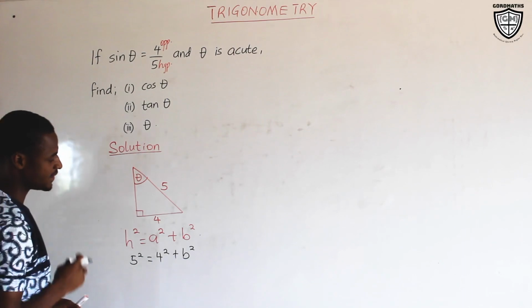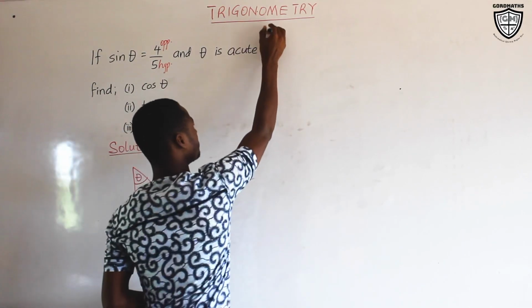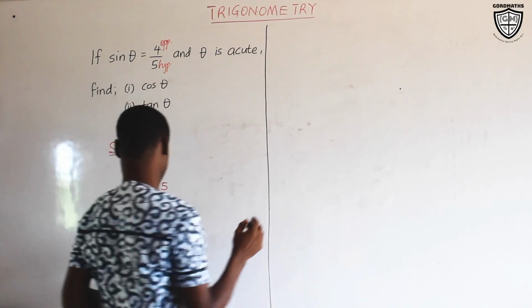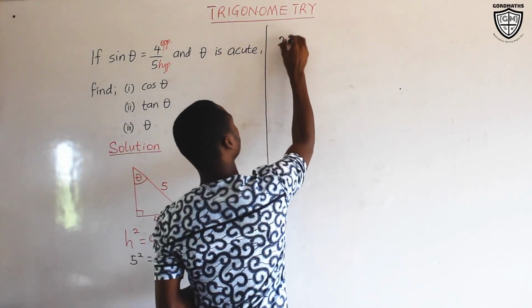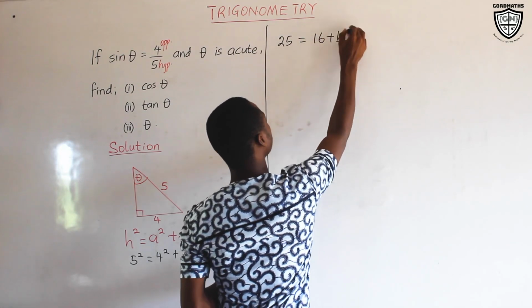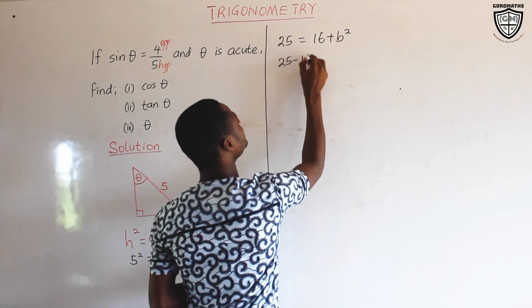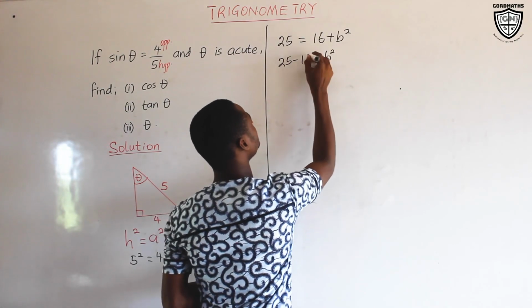We want to find the other side, which is b. Then from here, 5 squared is 25, and that is equal to 16 plus b squared. So grouping like terms, 25 minus 16 is equal to b squared.